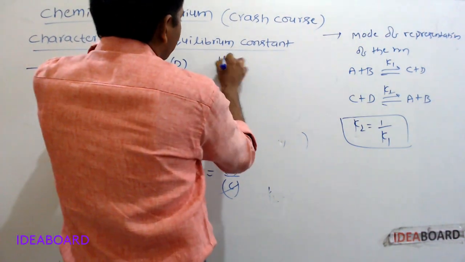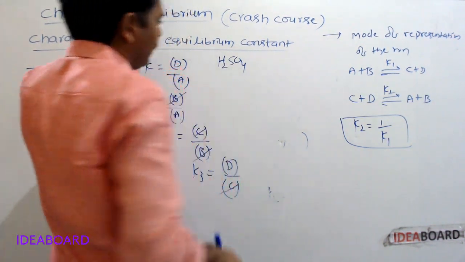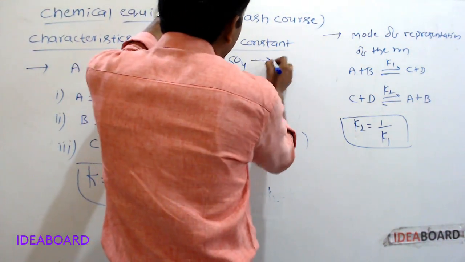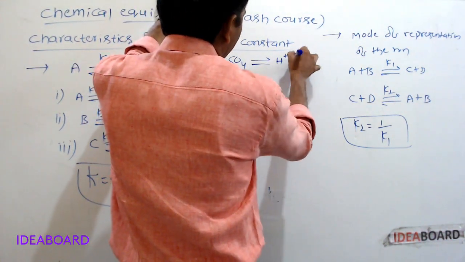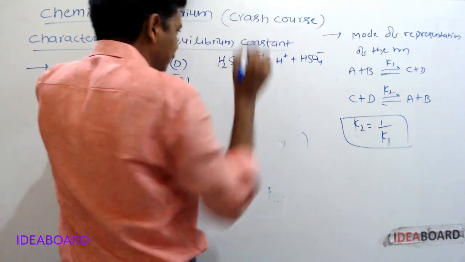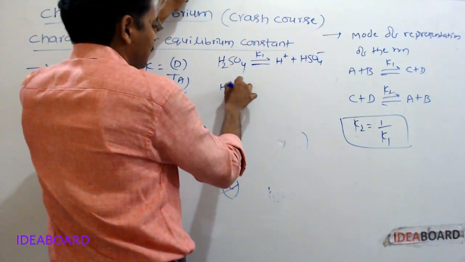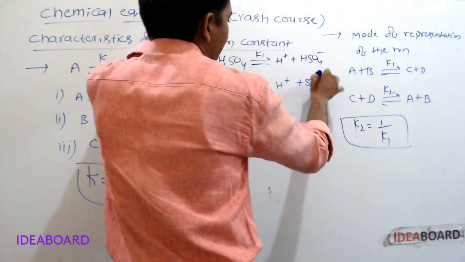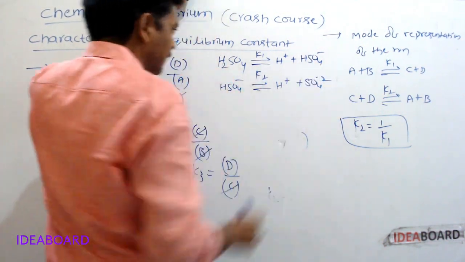Suppose we take H2SO4, a dibasic acid. H2SO4 can undergo dissociation in 2 steps, giving H plus and HSO4 minus. For this, K1. HSO4 minus gives rise to H plus and SO4 minus 2, for this K2.